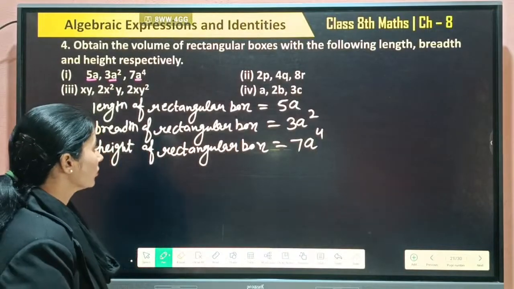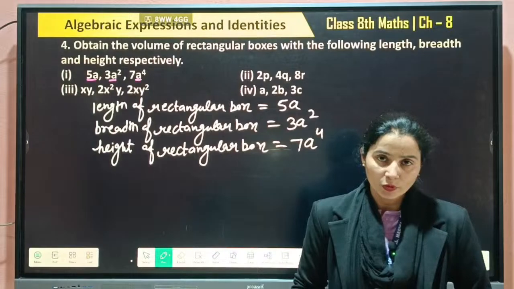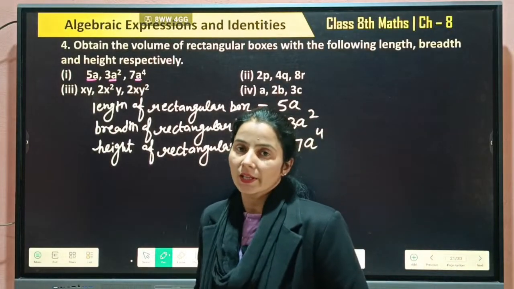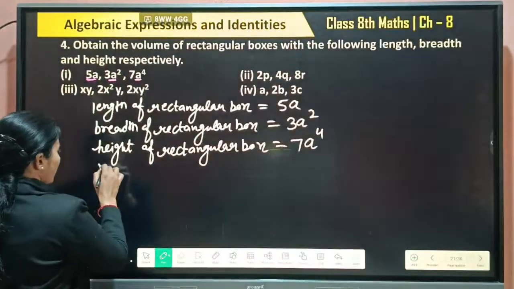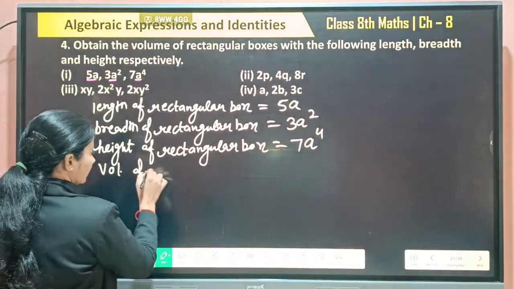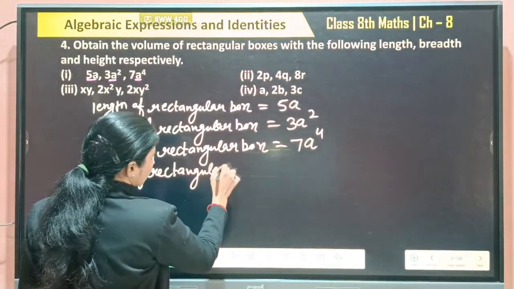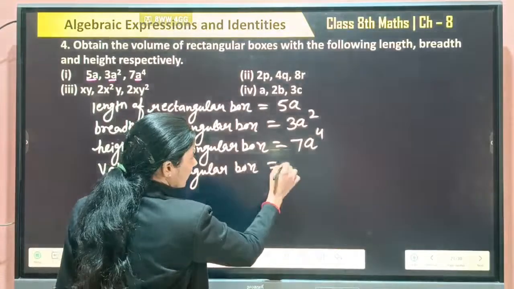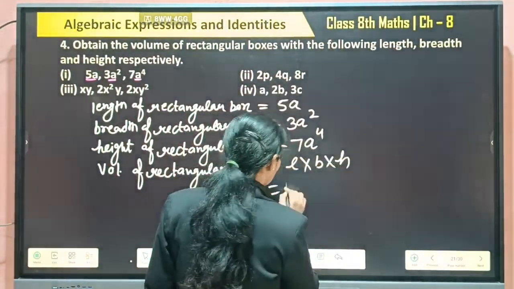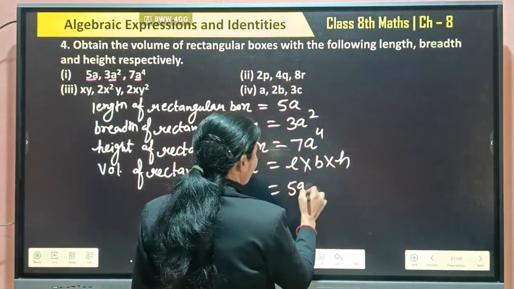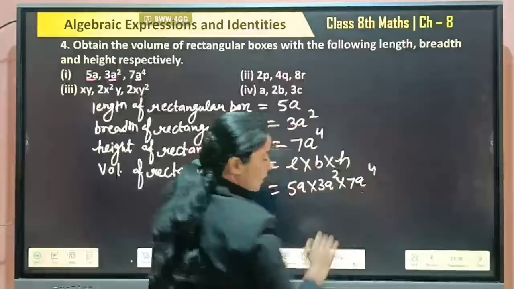So what is the volume of the rectangular box? This rectangular box is in the shape of a cuboid. So what is the volume of a cuboid? Length into breadth into height. So the volume of a rectangular box will be length into breadth into height. That is 5a into 3a square into 7a raised to power 4.